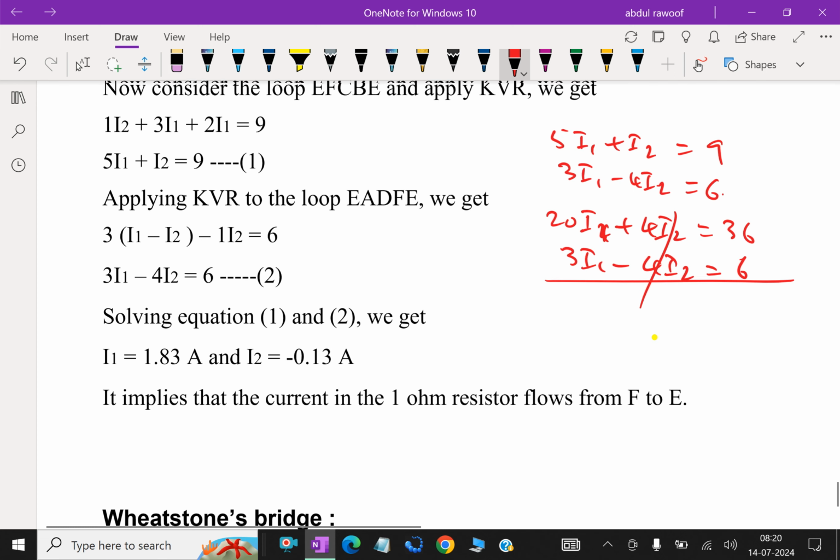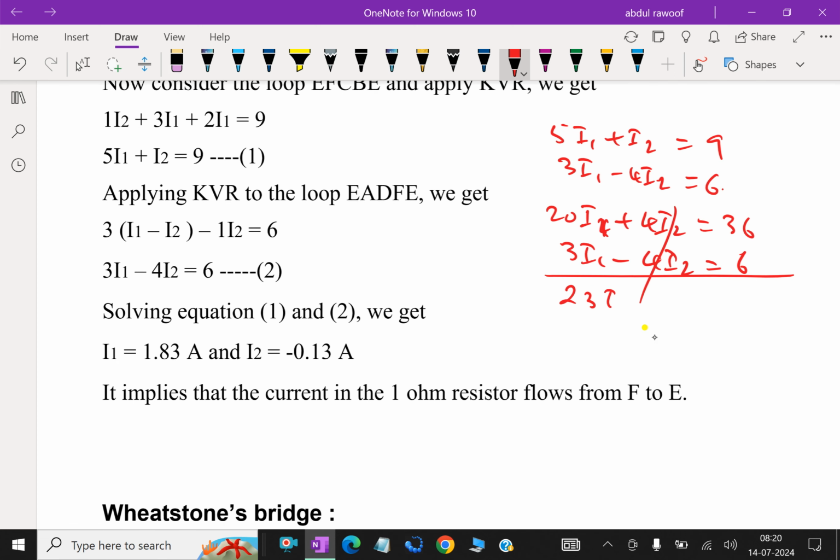Adding, the I2 terms cancel, that is 23 I1 equal 42. Therefore, I1 equals 42 over 23, approximately 1.83 amps.